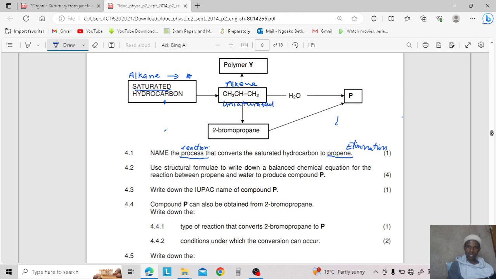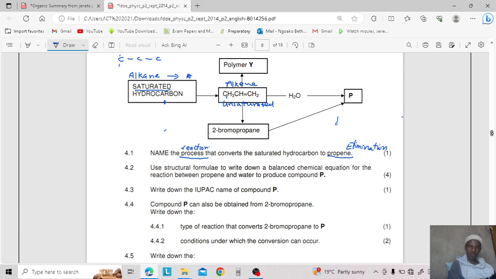The reason is that there is a double bond between the carbon atoms, and here there is a single bond between carbon atoms. So another way of writing this structure is to show the double bond between carbon atoms. We can write the number of carbons 1, 2, 3. Now let's see what is happening. The first carbon, this one, has 3 hydrogens.